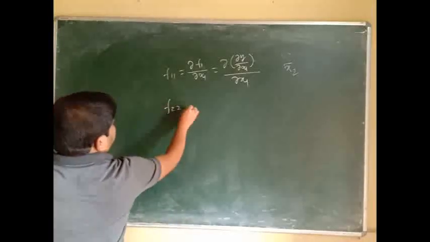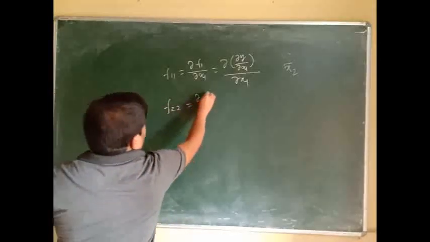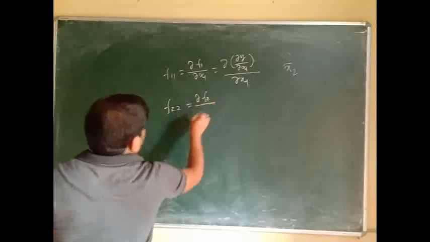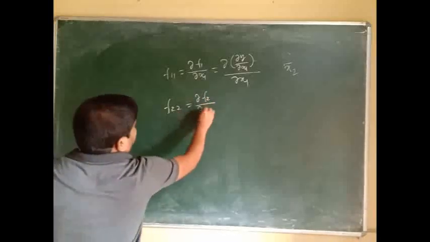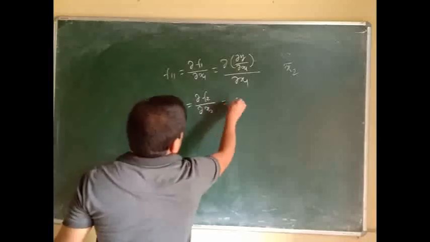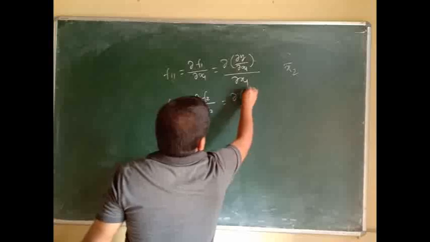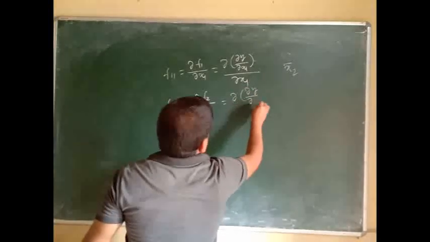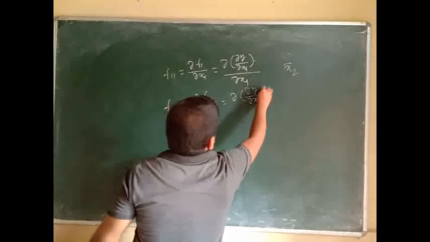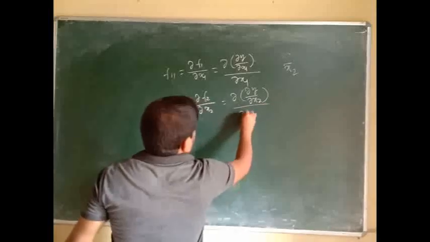Now f22, suppose: in f22, del f2 will be differentiated with respect to x2, so it is given by del y by del x2, differentiated again with respect to x2.